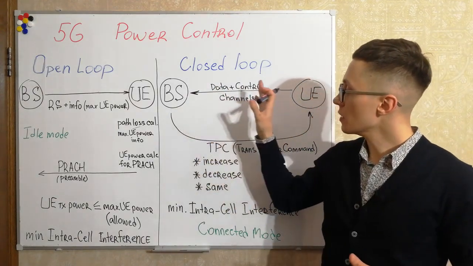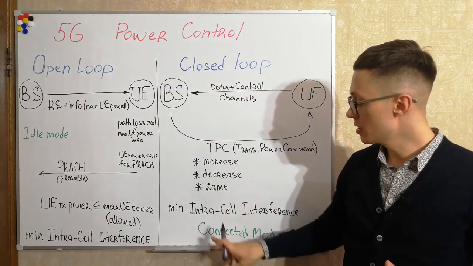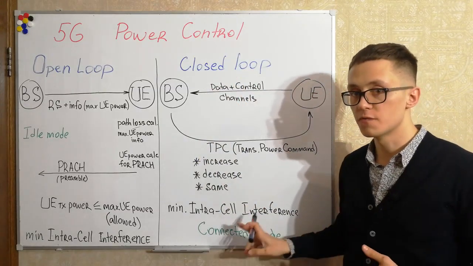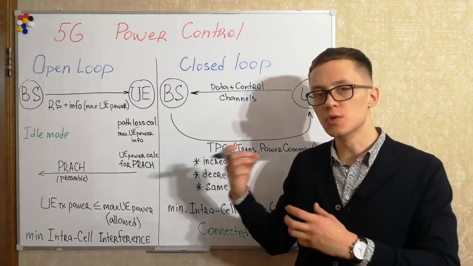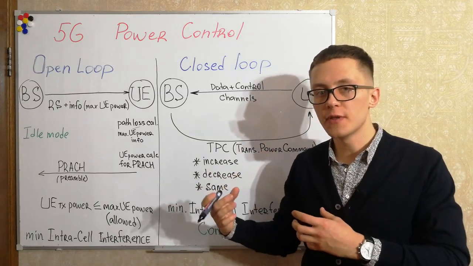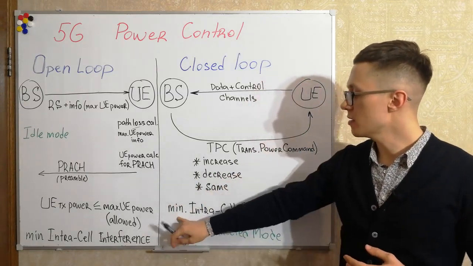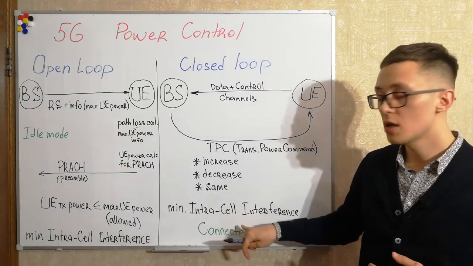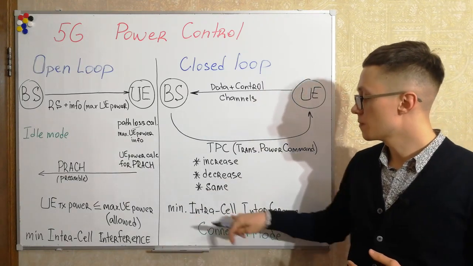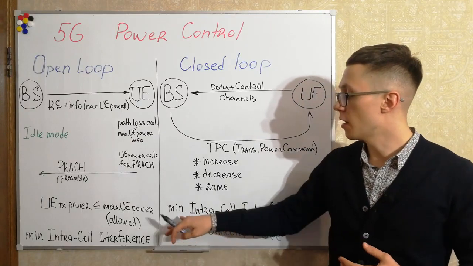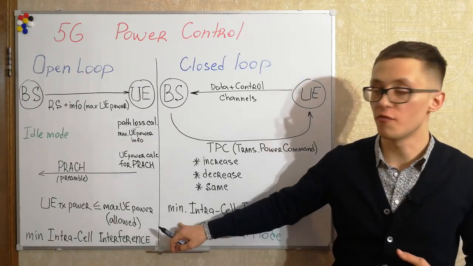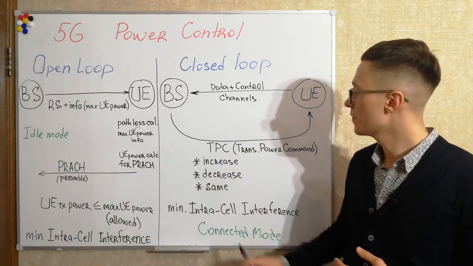When it comes to closed loop, there is a loop, there is feedback from the base station. So closed loop happens in connected mode. This is very important. Closed loop is used for supporting signal quality, and at the same time, again, for managing intra-cell interference, minimizing such interference between users.